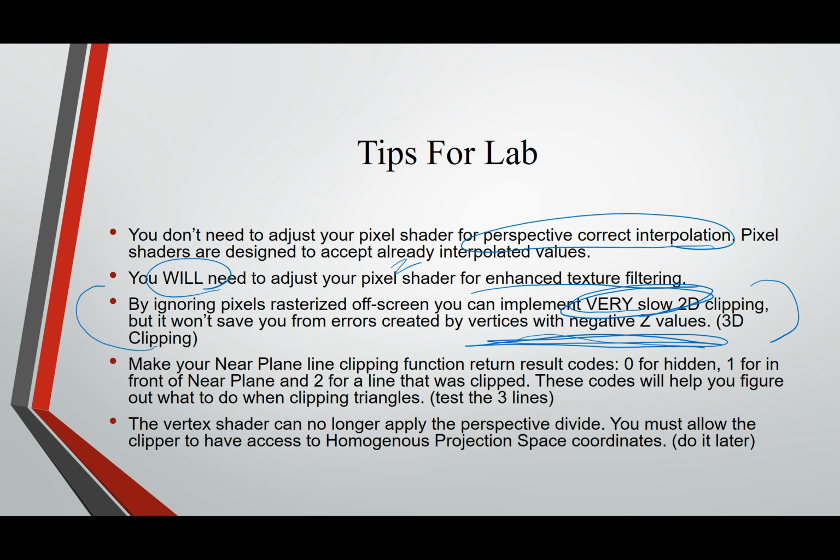Another suggestion, I think I had alluded to this earlier, but this is a very important recommendation, is I would have your clipping routines, whether they be line or triangle, but especially line, return result codes. So I had given you some suggestions. Return 0 if it's a hidden line, return 1 if the line is completely visible, return 2 if the line was cut, if you had to cut the line inside the function.